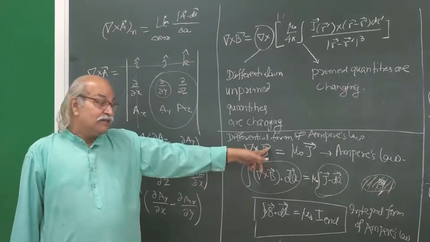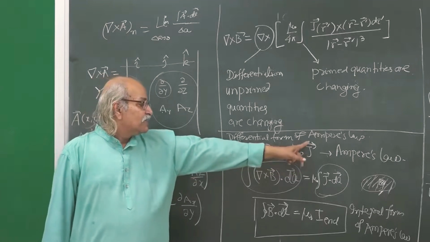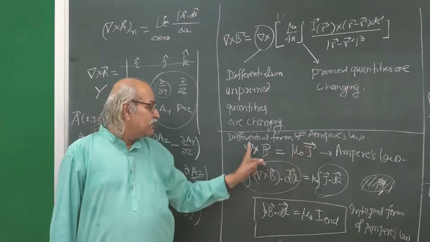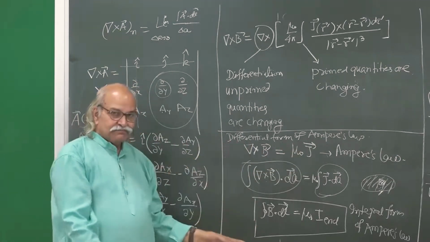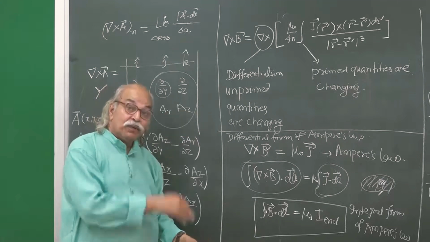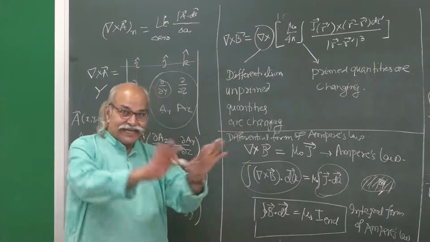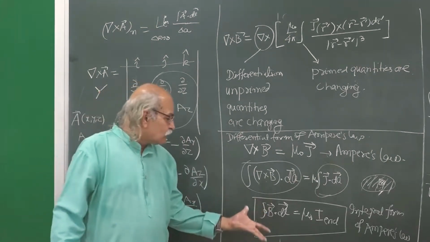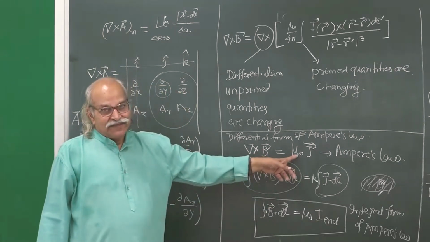At a given point there is a value of curl of B, at a given point you have a value of this volume current density, so point by point these two should be equal. This is an overall summation of B dot dl on a big loop, and then the area integration of current through the whole area bounded by the loop. So, this is that kind of overall quantity, and here it is point by point.